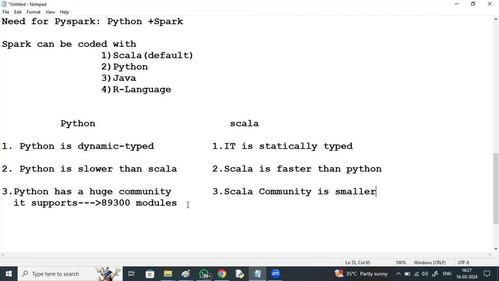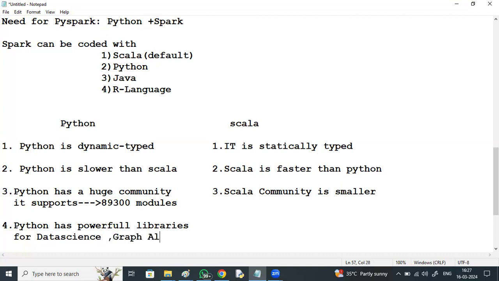Python has powerful libraries for data science and graph algorithms.